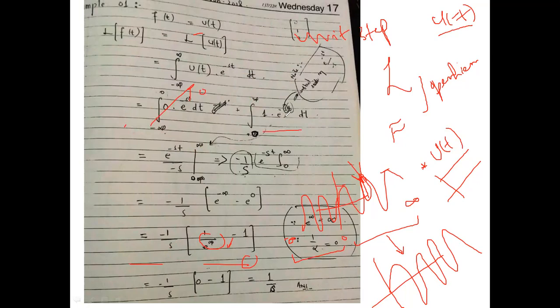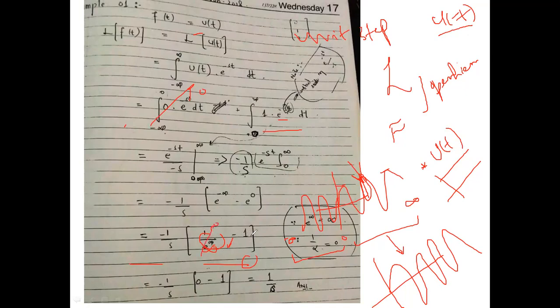Applying the integration, it is e to the power minus st divided by minus s, with the limits infinity and 0. Now we want a definite value, some defined value, not an undefined one, so we have to avoid the undefined case. 1 over e to the infinity is 1 over infinity, which is equal to 0, so that portion will be 0.